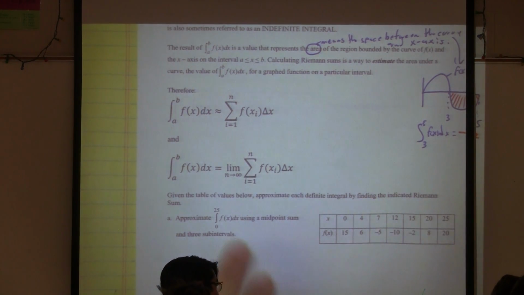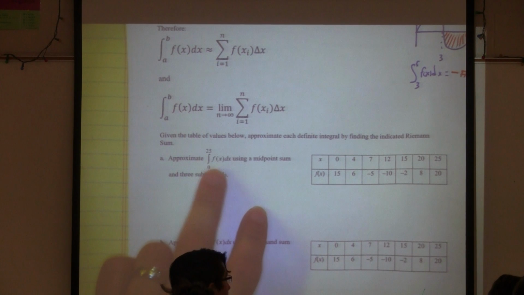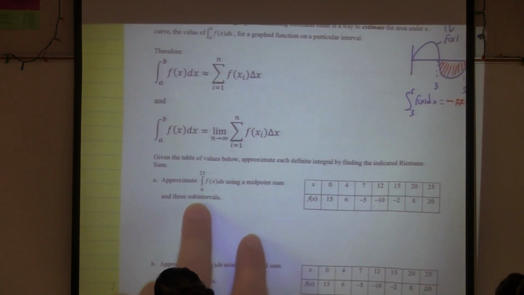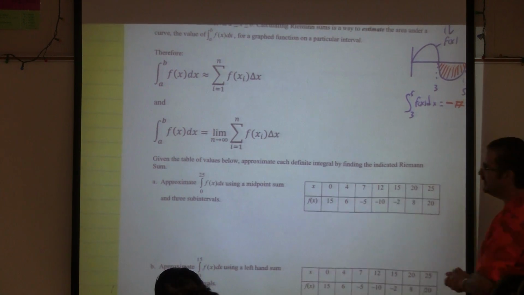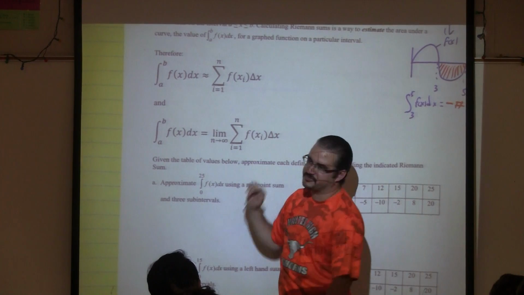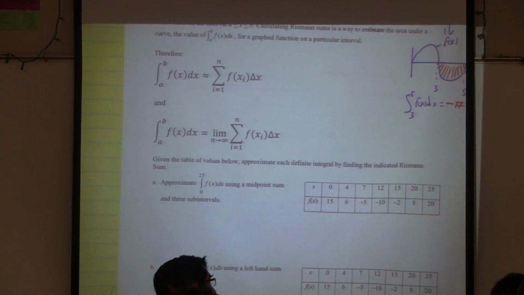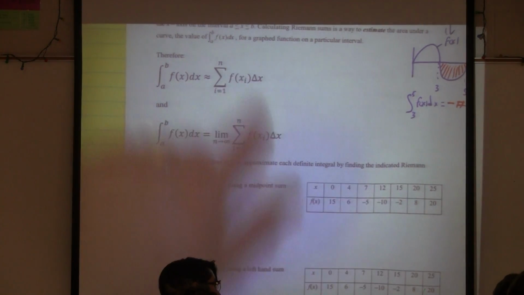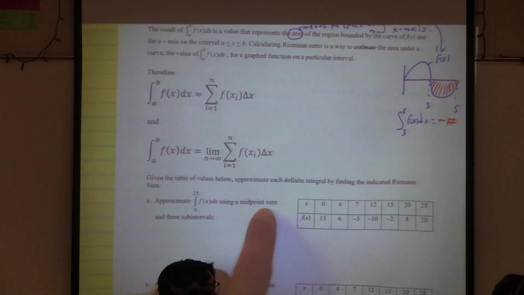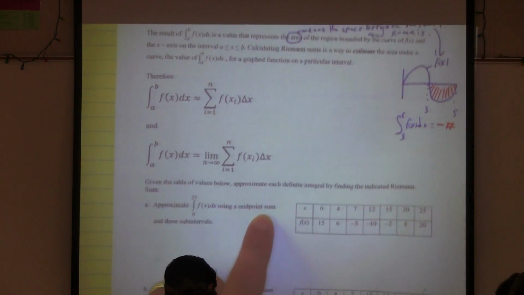Because there'll be problems like this problem right here where it says approximate this using a midpoint sum. Okay, so you need to know that we're going from 0 to 25 in my interval, and I'm going to use some Riemann sum, okay? Now it doesn't matter which one you use up here, they would both work out, right? But down here, they're going to ask you for specific ones. Do we understand?